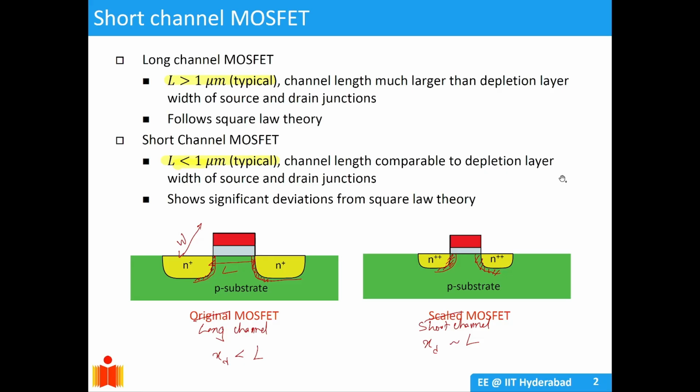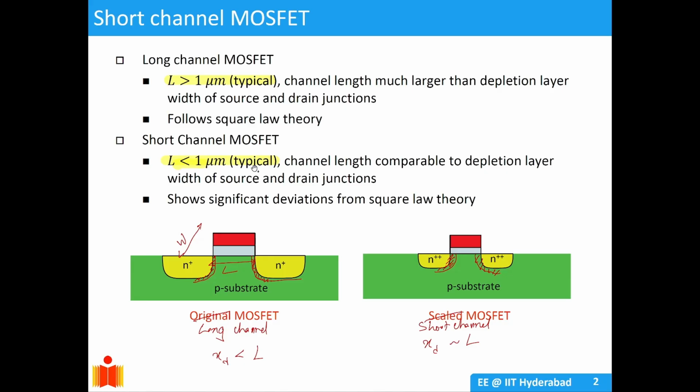Now we come to problems with short channel MOSFETs. A long channel MOSFET has a typical length greater than 1 micron, with channel length much larger than the depletion layer width of the source and drain junctions, and it follows the square law theory, which we studied last class.